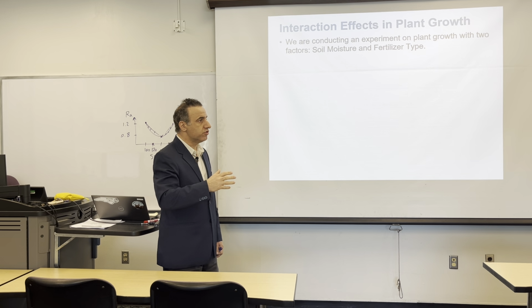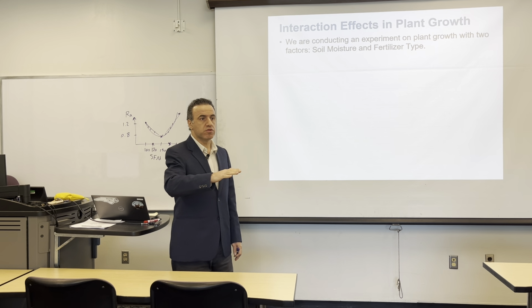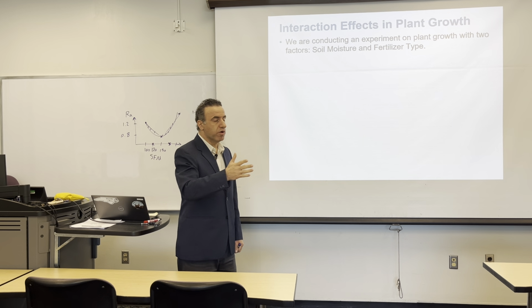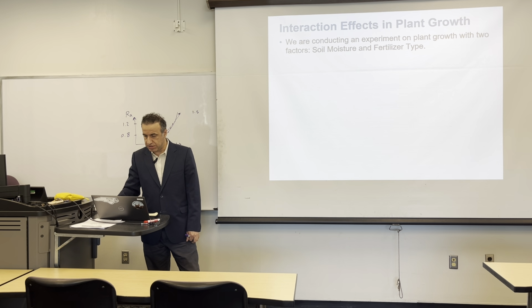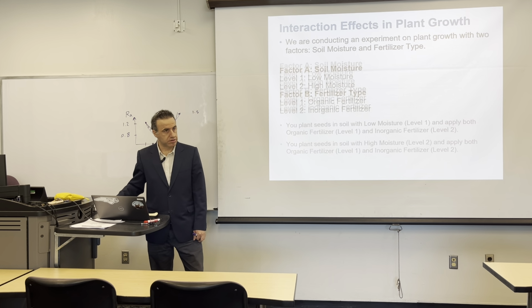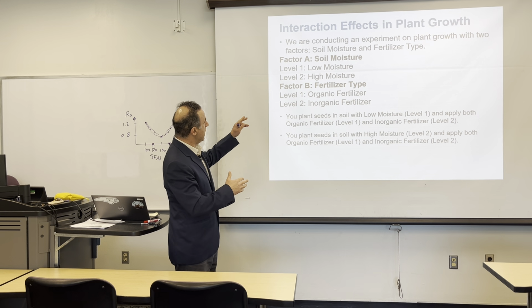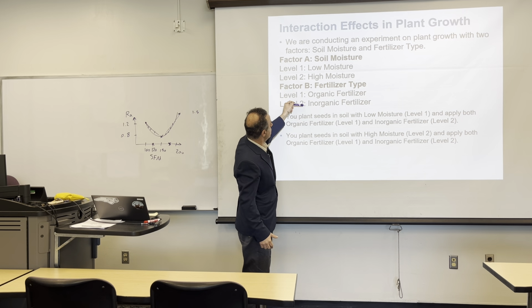Let's say we use moisture at 2 levels, a low amount of moisture and a high amount, and then fertilizer type, one can be organic, the other one is going to be inorganic. Okay, so factor A has 2 levels, right? Factor B has 2 levels.